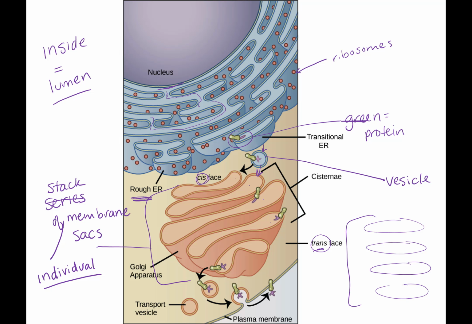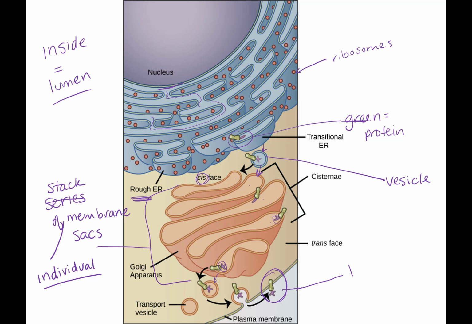And so you can see this little purple protein made in the ER goes and changes a little bit here. In the Golgi it is moved to a transport vesicle.